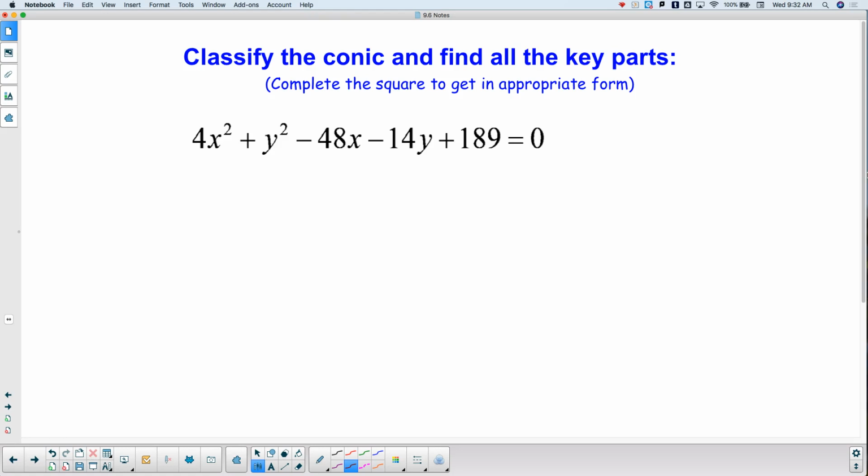What kind of a conic is it? Based off of Monday's class, what kind of a conic is it? Why is it an ellipse? We're adding the squared terms and the coefficients are different. Yes, so this is an ellipse.